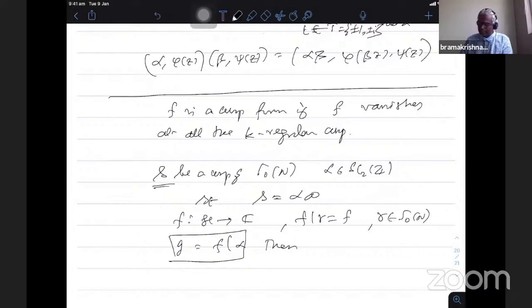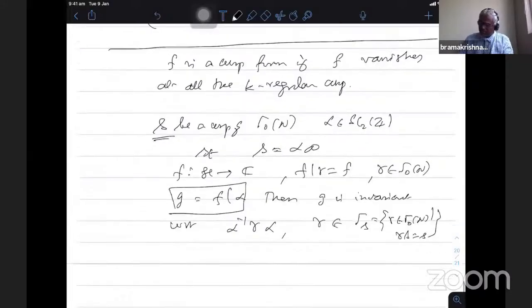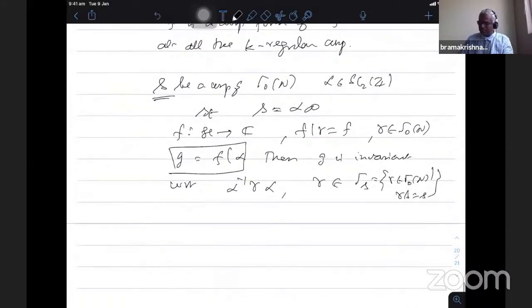Alpha is a matrix in SL2(Z) which takes the cusp infinity to the cusp s. I start with any cusp s. When s becomes infinity, alpha is the identity matrix. Then g is invariant with respect to alpha inverse gamma alpha, where gamma belongs to gamma s, the set of all gamma in gamma 0(n) which fix the point s.